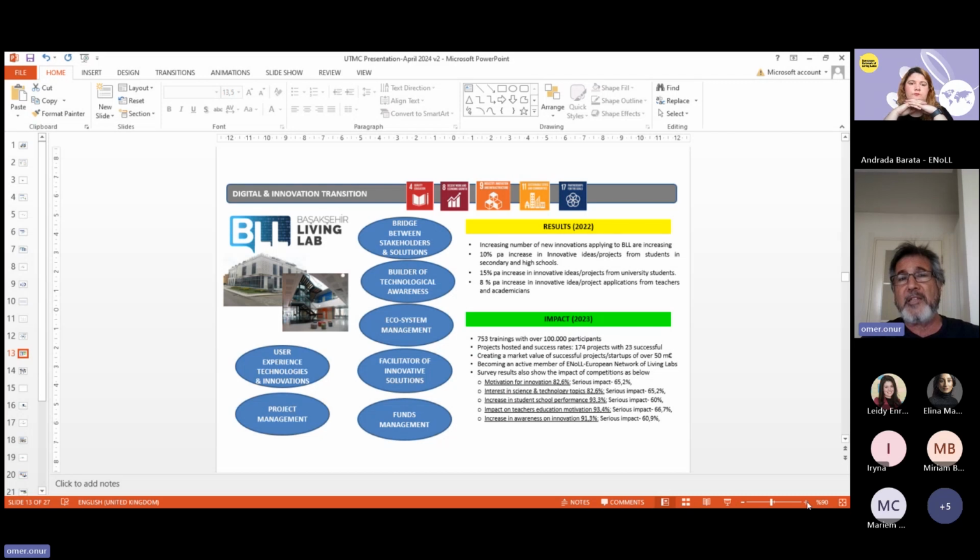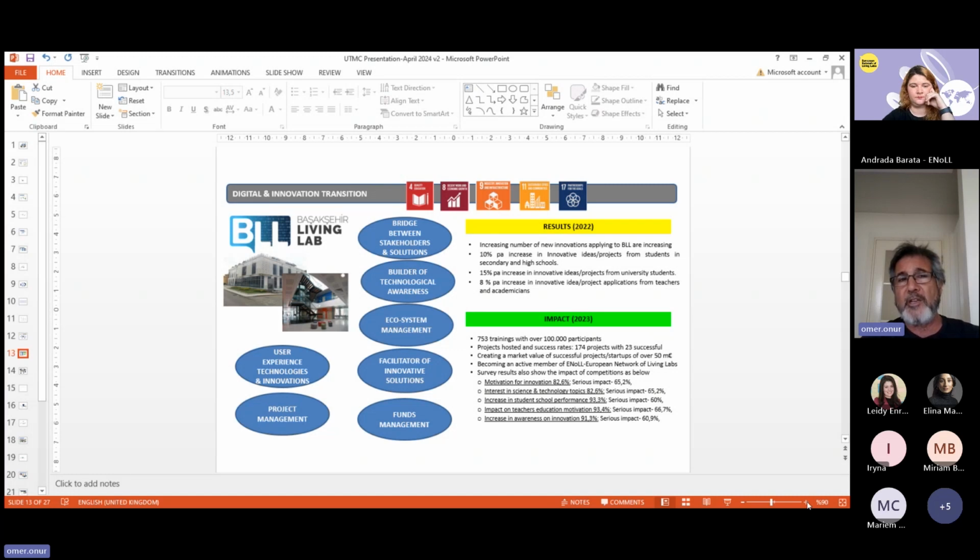And as a Living Lab team, we are a team of 6 people. We are a core team with a manager. I am the managing director. We have a project coordinator, who is also involved in stakeholder engagement processes. We have a communication manager, which is very important to communicate all the projects, findings and results to the ecosystem and to the stakeholders.